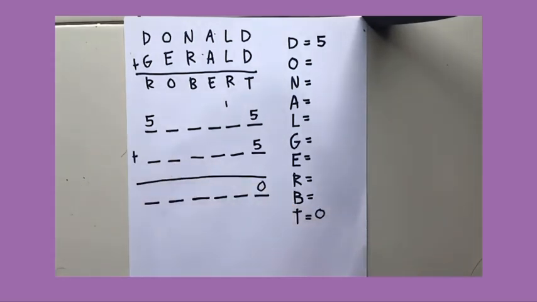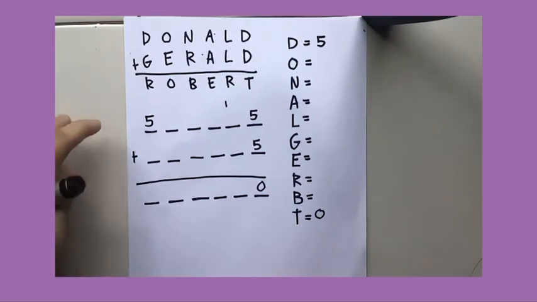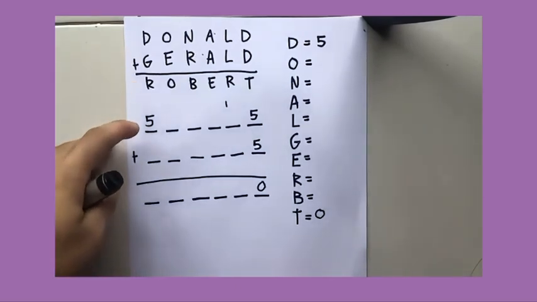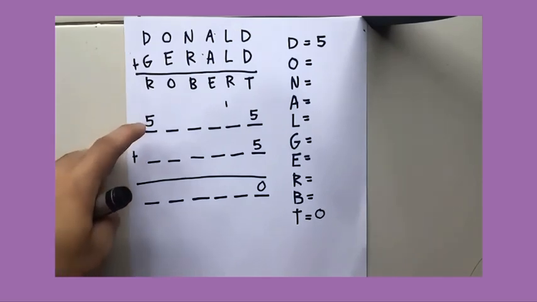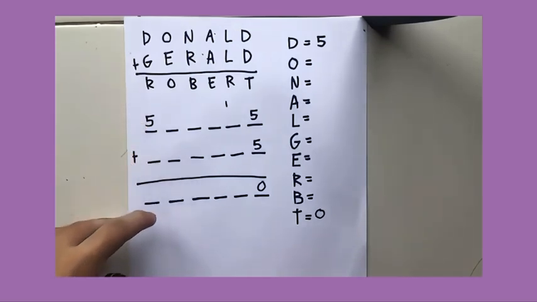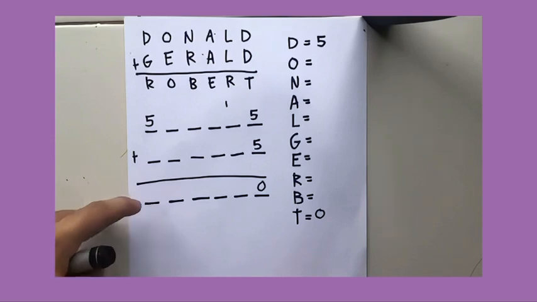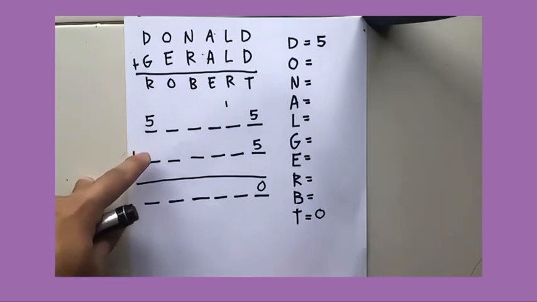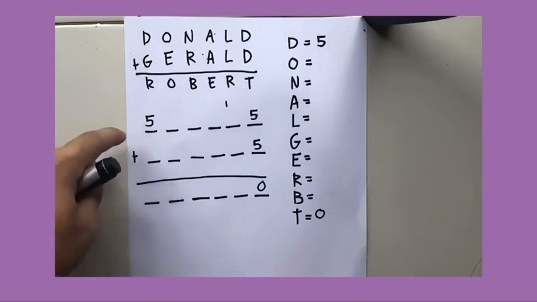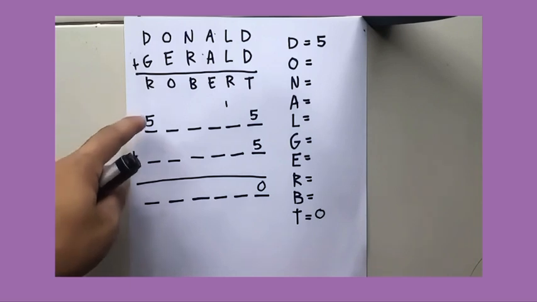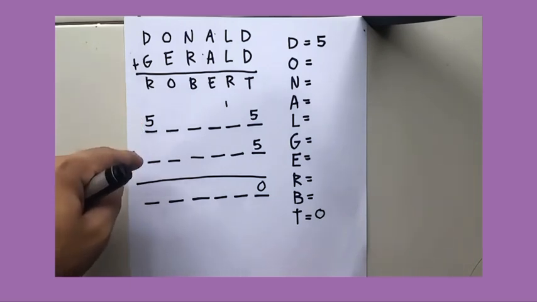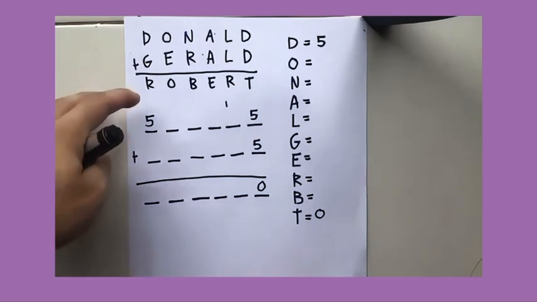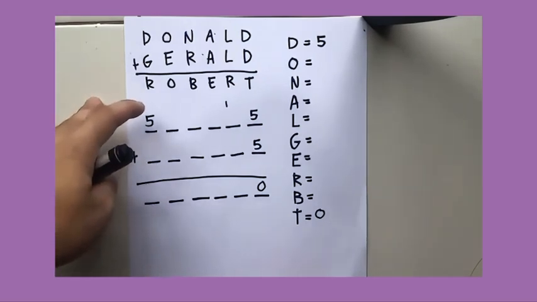And next, we need to do an analysis here that D plus G is equal to R. Therefore, 5 plus something is equal to R, and we can say that R is greater than G. Since D is equal to 5, if we assume that G is equal to 1, that is 6, and we assume that there is a carry 1 here, that will be 7.